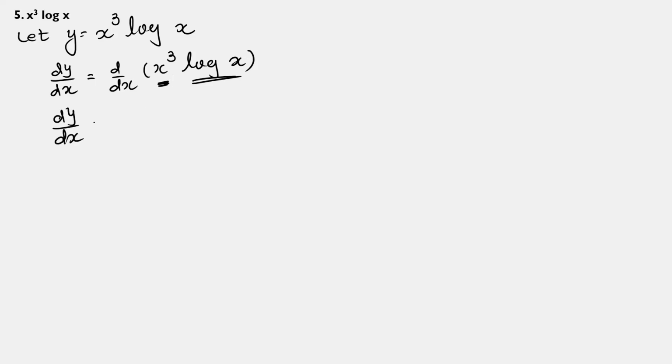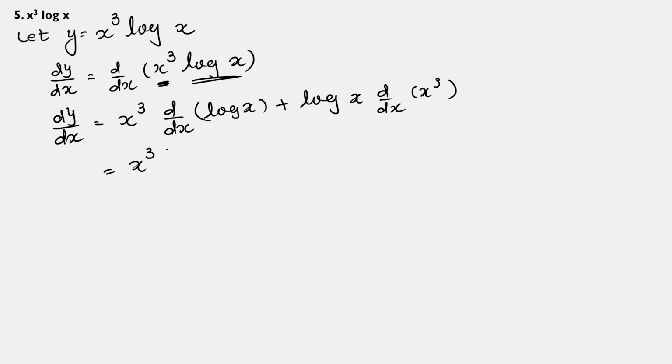First quantity x cube as it is, differentiation of log x, plus log x as it is, differentiation of x cube. x cube as it is, differentiation of log x is simply 1 by x, plus log x as it is, but differentiation of x cube is 3x square.